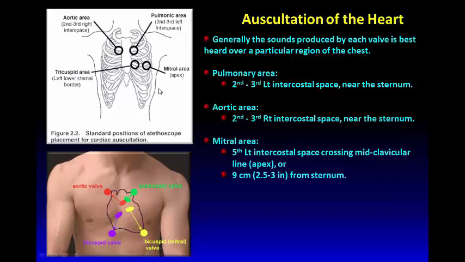It is at the fifth left intercostal space crossing the midclavicular line, or it is about 9 centimeters or 2.5 to 3 inches from the left border of the sternum. The tricuspid area is at the left lower sternal border.